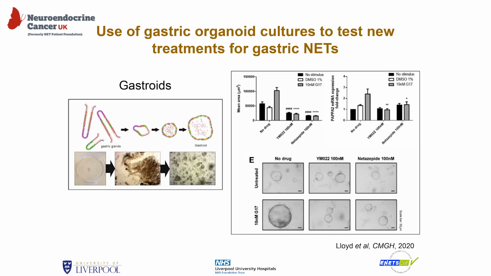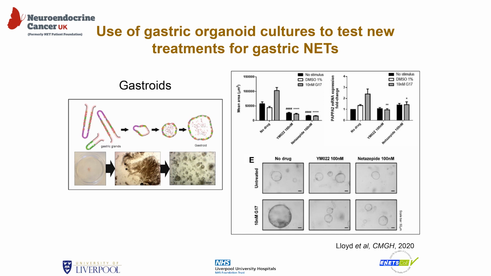When we co-treated them with gastrin and netazepide, though, that response wasn't seen. So the netazepide blocked the effects of gastrin in these gastroids, which is essentially what we saw in the patients. We also saw the same response on our biomarker PAPA2. So gastrin increased the levels of PAPA2, and that was inhibited by treatment with netazepide.